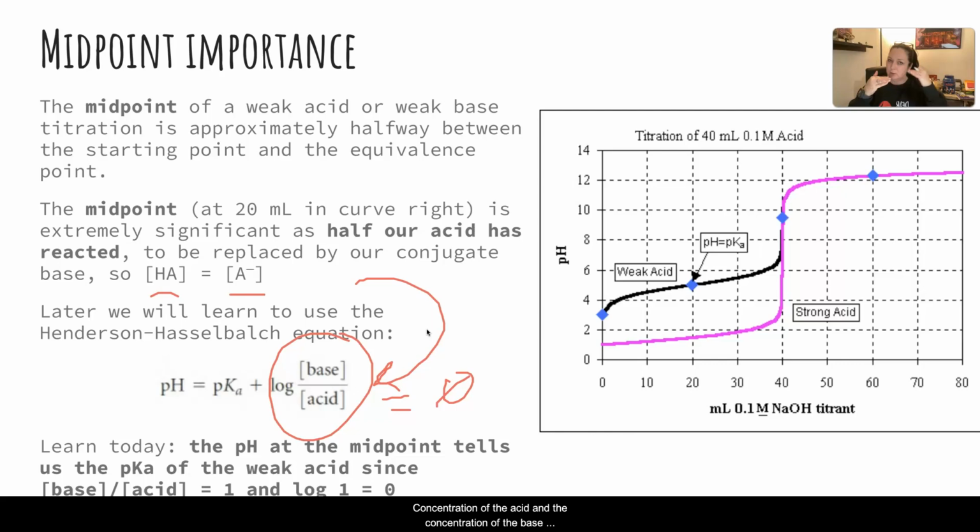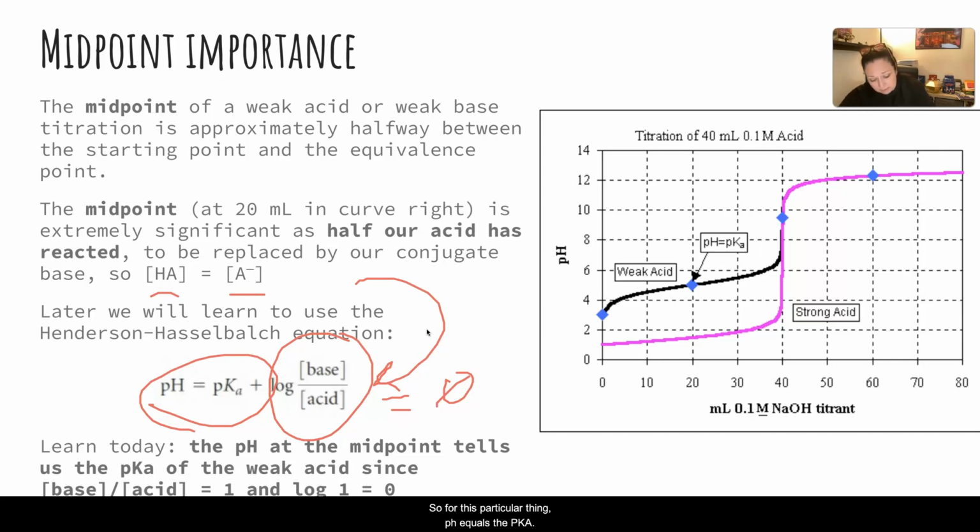The concentration of the acid and the concentration of the base at the midpoint are the same because half of my acid has reacted. So I have half of my acid, and the other half that reacted turned into my conjugate base. Their concentrations are the same, and when I divide them, they equal 1. And the log of 1 is 0. So what that means is that the pH is equal to the pKa.